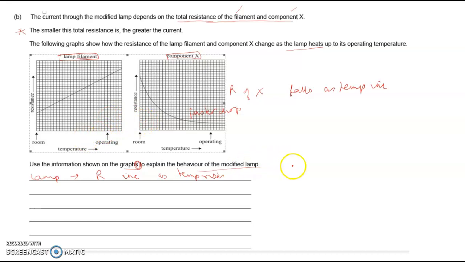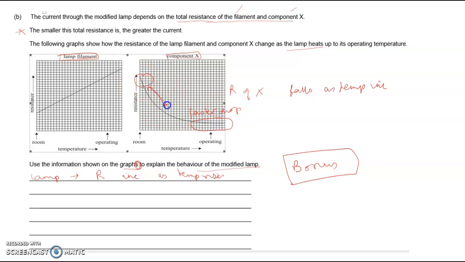These types of questions are your bonus questions, whereby you just look at the graph and talk about what each graph tells you. If a graph has quite a sharp drop, you could say what's happening at the start, what the value was there, what happens towards the end, and what sort of gradient you've got.